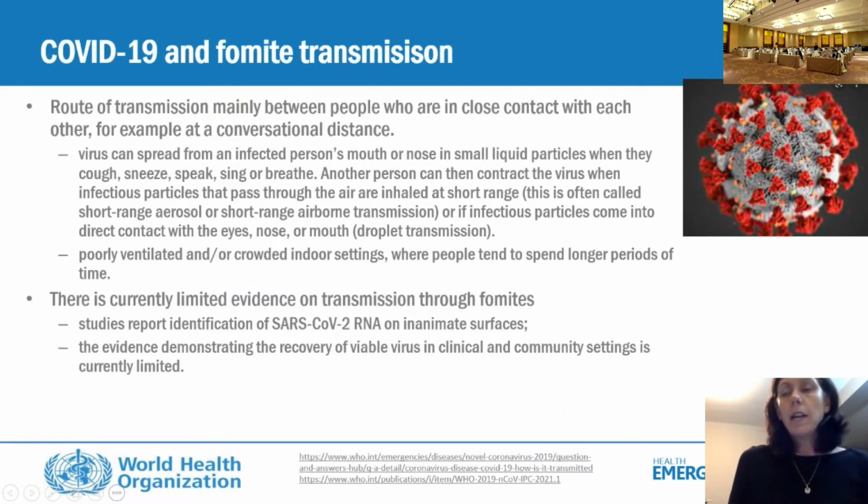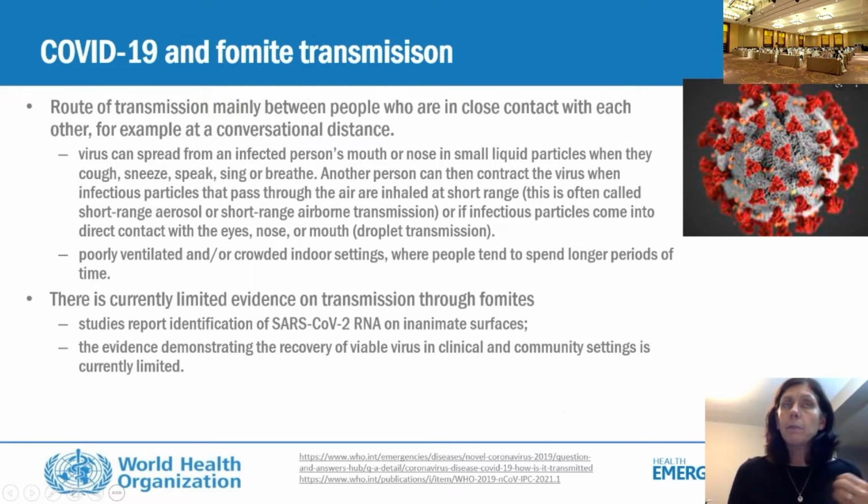In terms of COVID-19 and the risk of fomite transmission, it's important to understand that COVID-19 is mainly transmitted through people who are in close contact, through droplet and aerosol or airborne transmission, that is short or long-range aerosols.